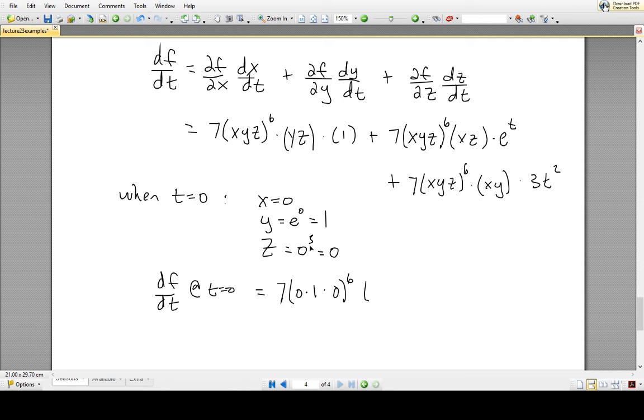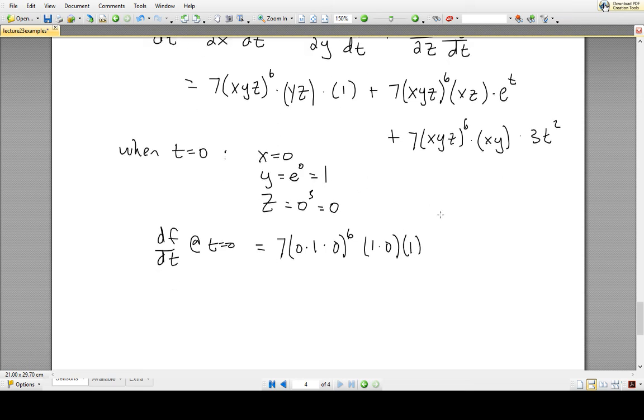So y is 1, times z is 0, we still have this 1 hanging out here, plus 7 times (x is 0, y is 1, z is 0) to the power of 6, times x times z, so x is 0, z is 0, times e to the 0, because we've substituted 0 for t now. And then the third term is plus 7 times (0 times 1 times 0) to the power of 6, times x times y, 0 times 1, times 3 times 0 squared.